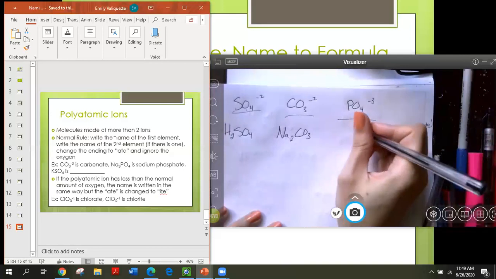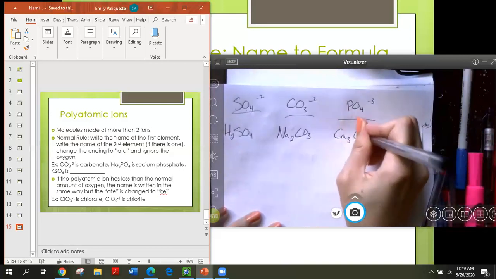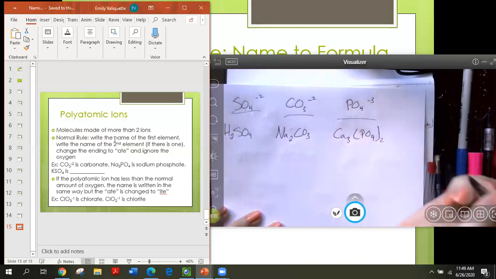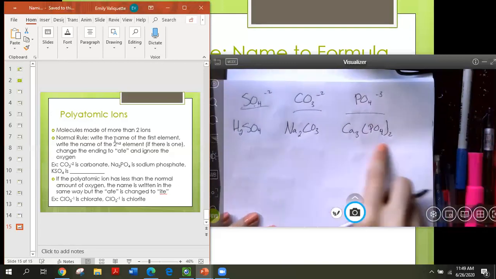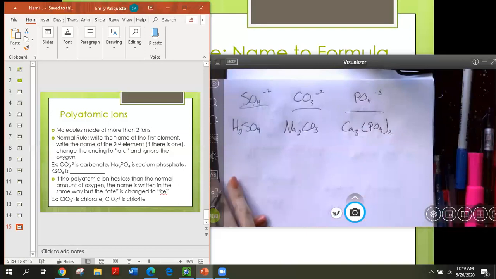If I were to bond this to a calcium, it would look like that. So you might see molecules like this. You have to know how to deal with them in terms of balancing them in chemical reactions, but we're not going to get into naming them this year. That's something we'll deal with in Chem 20.